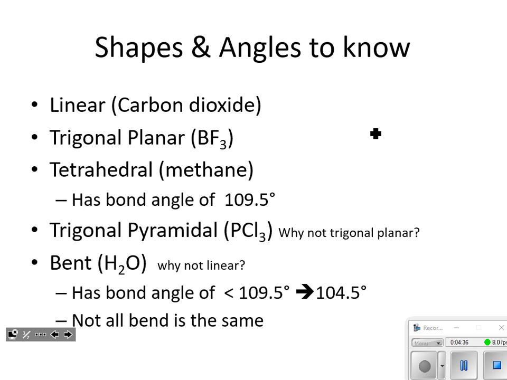Trigonal pyramidal then, things in the nitrogen column with 5 valence electrons usually will bond 3 times and then keep that 1 pair of electrons on the top. So this is an example of that as well. So this would be phosphorus trichloride.